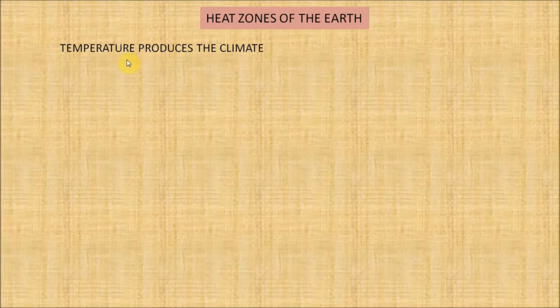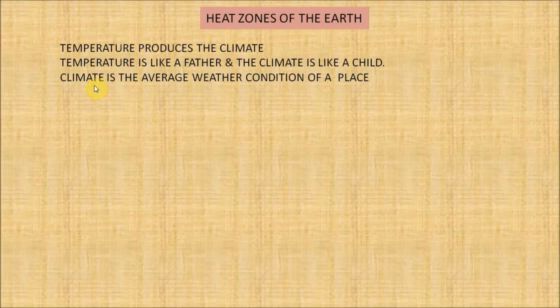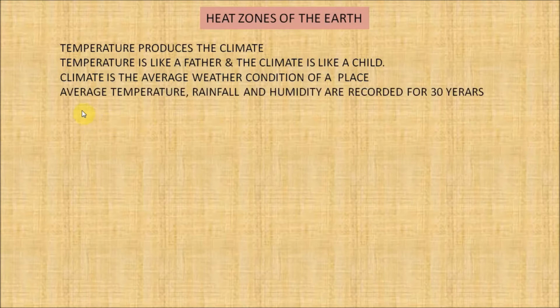The temperature, along with other factors like atmospheric pressure, humidity, wind, etc., produces the climate. So, the temperature is like a father and the climate is like a child. The climate is the average weather condition of a place over a long period of time. The climate of a place remains more or less the same year after year.